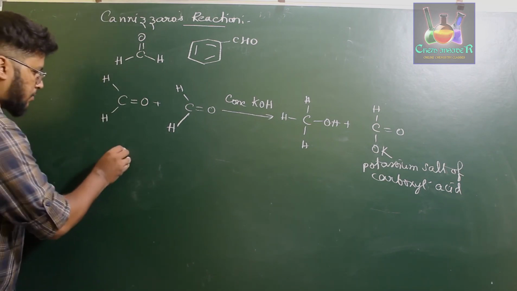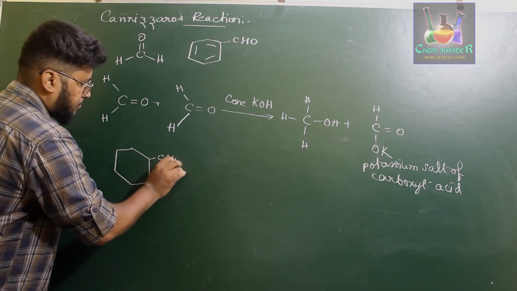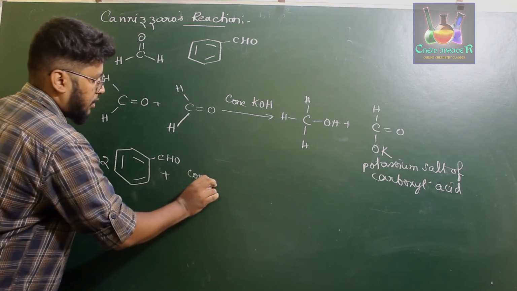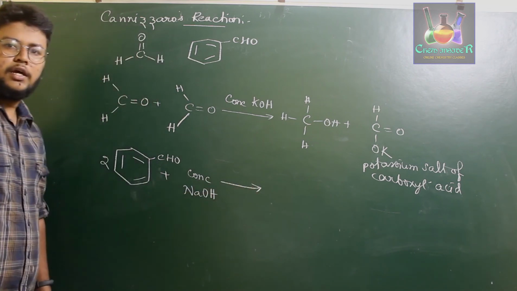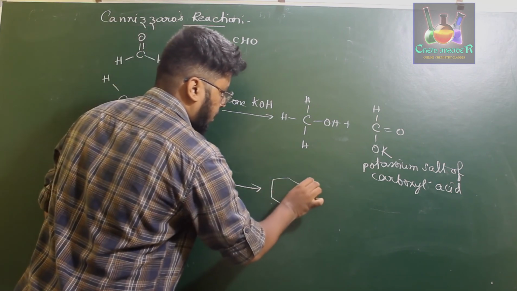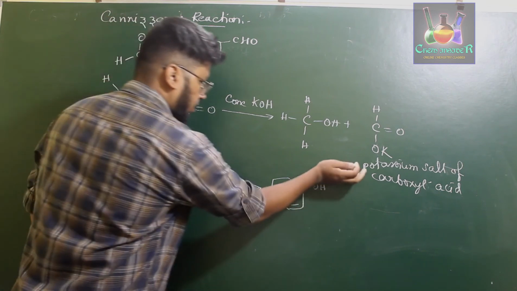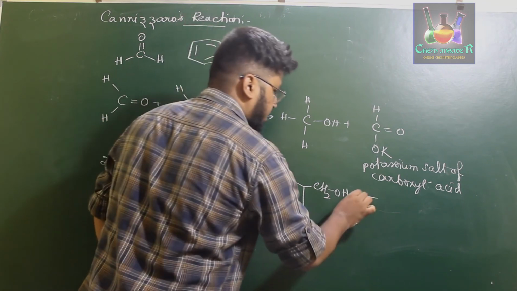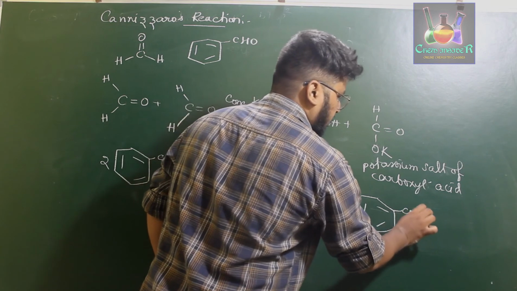Now consider one more example, benzaldehyde. When you treat benzaldehyde with concentrated sodium hydroxide, it undergoes self-condensation to form benzyl alcohol, which is C6H5CH2OH, and the sodium salt of benzoic acid, C6H5COONa.